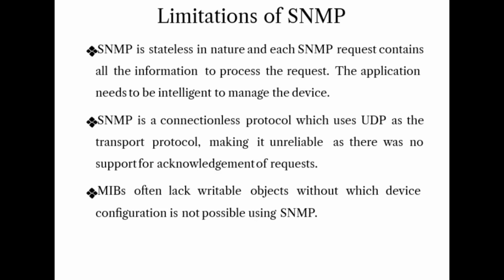The next slide is talking about why SNMP isn't enough anymore. SNMP has some old-school problems, of which I have explained two in the previous slide. There are some more problems in SNMP. That is why we don't use SNMP anymore. The first problem is no memory, that is, it is stateless.